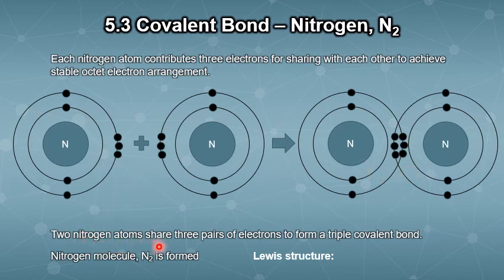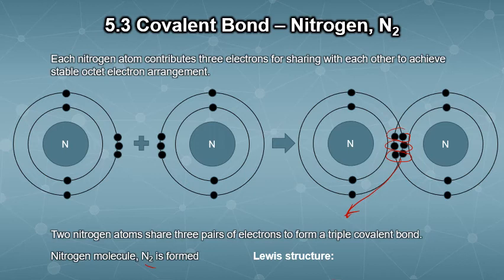So 2 nitrogen atoms share 3 pairs of electrons to form a triple covalent bond. This is an example of a triple covalent bond: the first pair, second pair, third pair. Third pair means triple covalent bond. So a nitrogen molecule is formed.